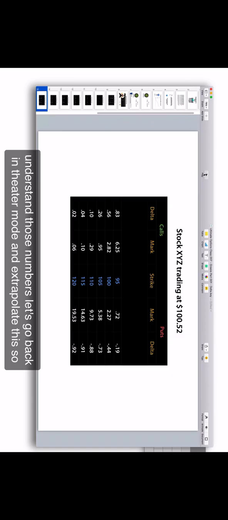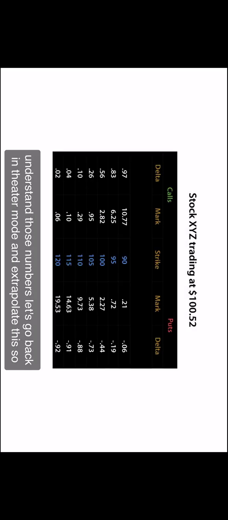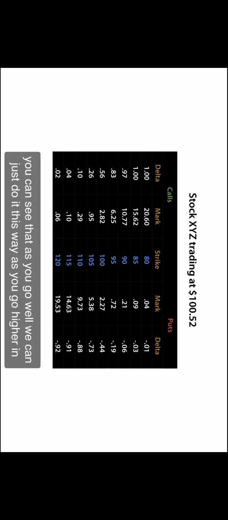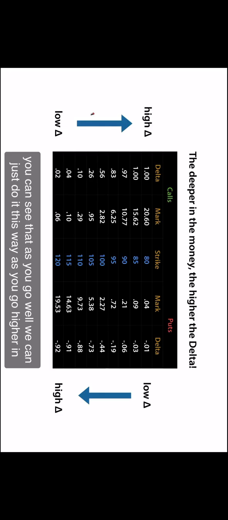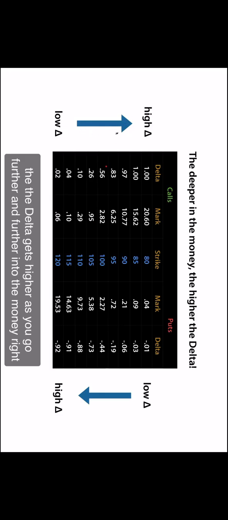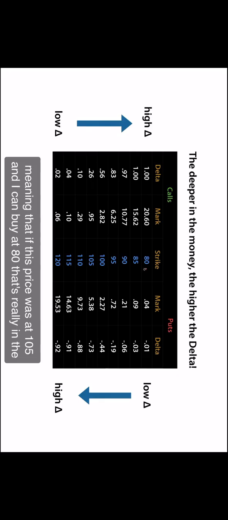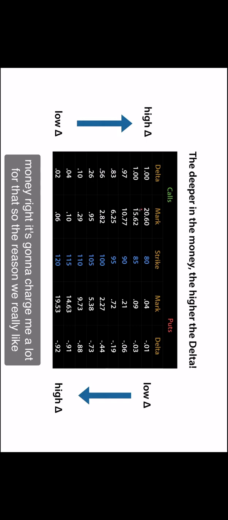Let's go back in theater mode and extrapolate this. As you go further and further into the money, the delta gets higher. Meaning if the price was at 105 and I can buy at 80, that's really in the money, and it's going to charge me a lot for that.